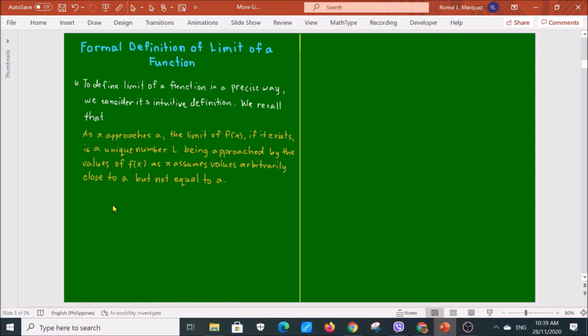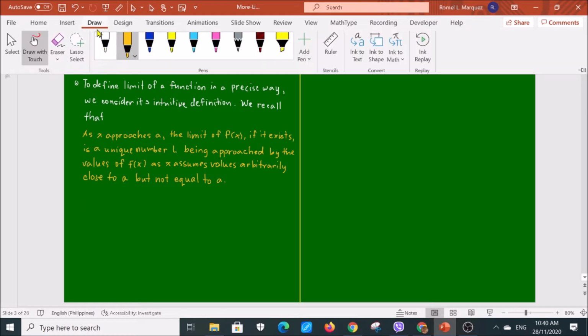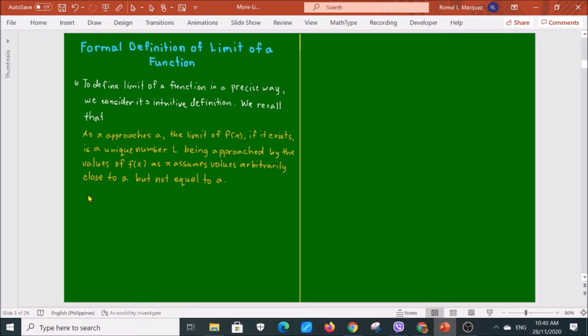Now, what does this mean? Let us try to gradually convert it to mathematical form so that we'll be able to define the limit of a function formally. This definition implies the following.